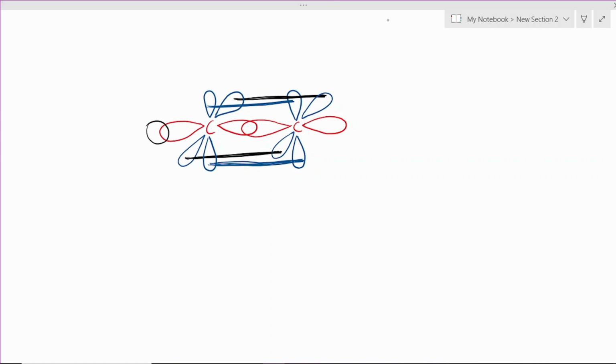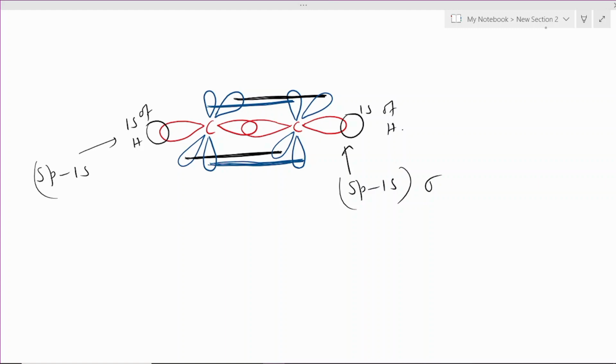Yeah, it is 1s of hydrogen, also 1s of hydrogen. So this is sp-1s sigma bond, and this is also sp-1s sigma bond.